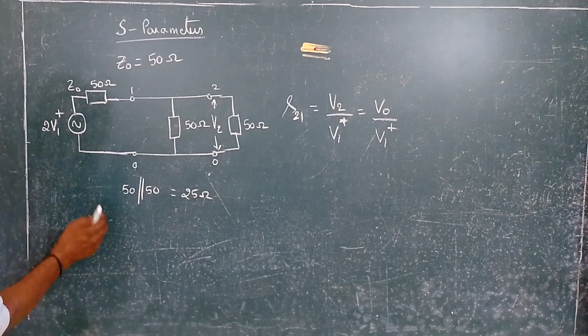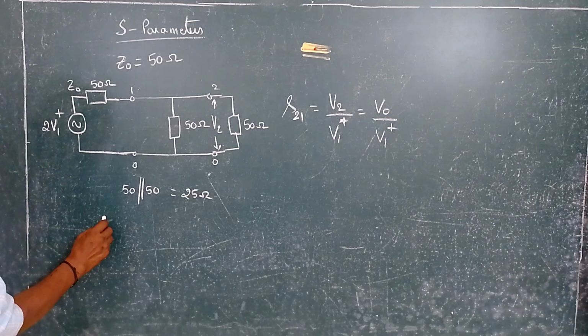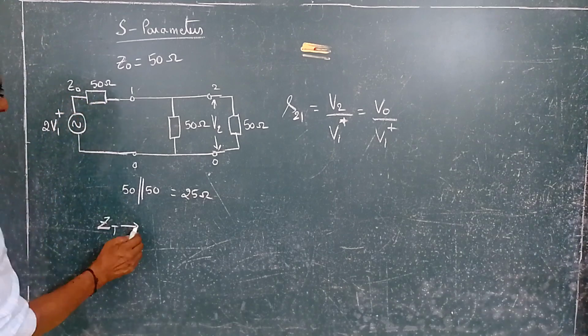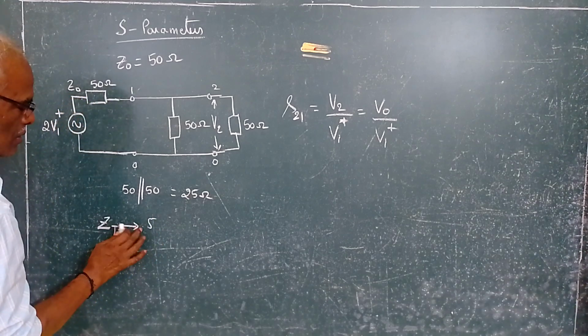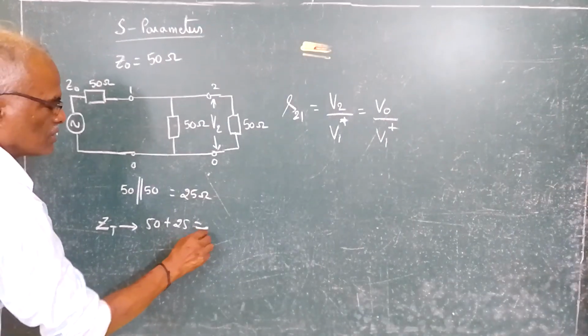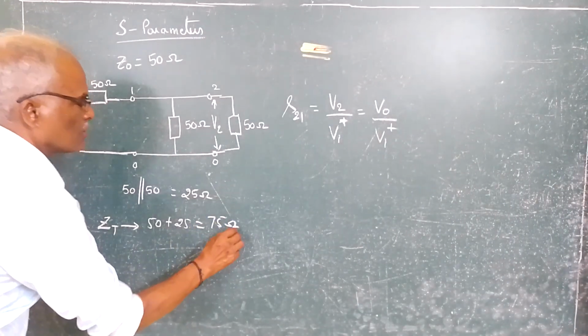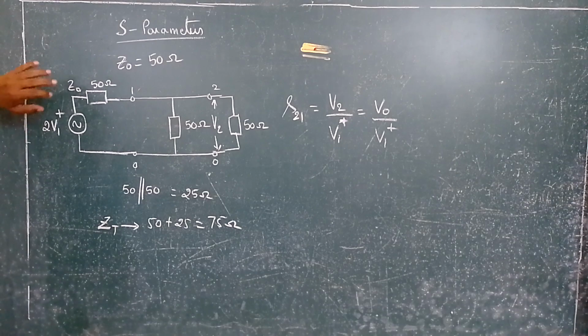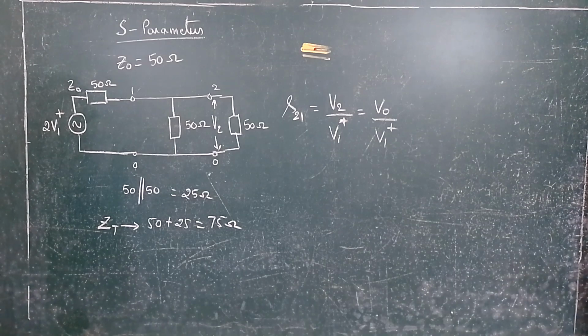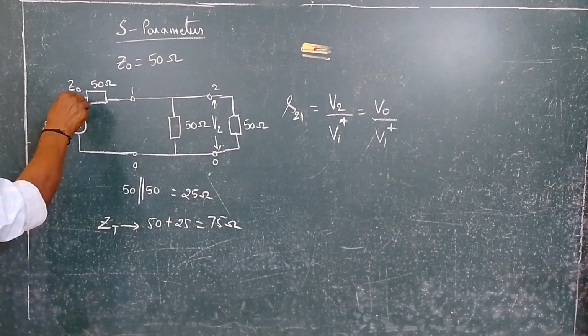So the total resistance ZT viewed from these two points will be this 50 plus 25 ohms, which is equal to 75 ohms. Now what is the current I?